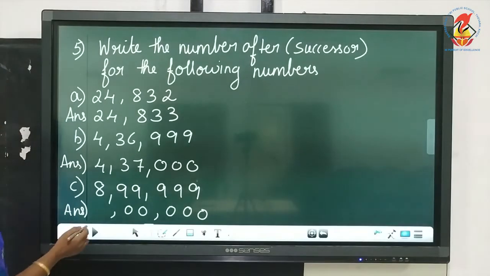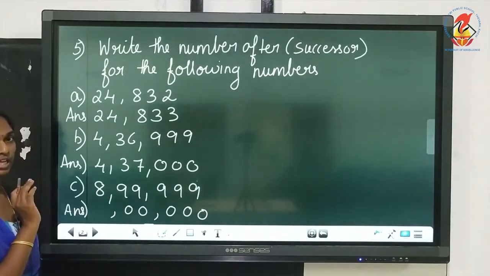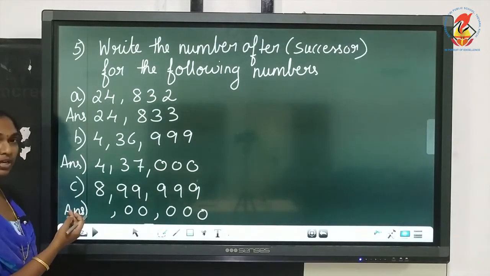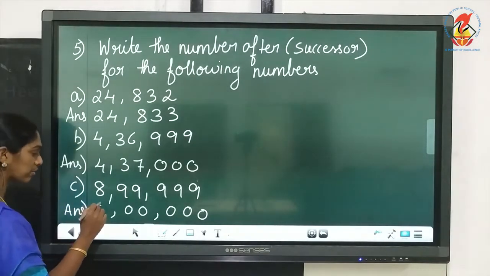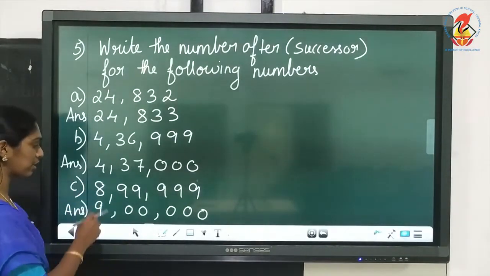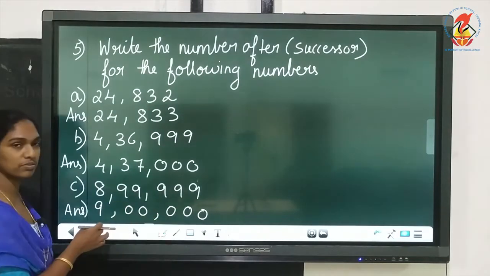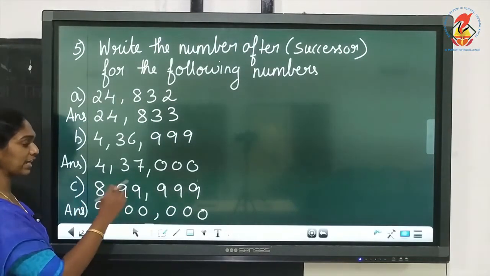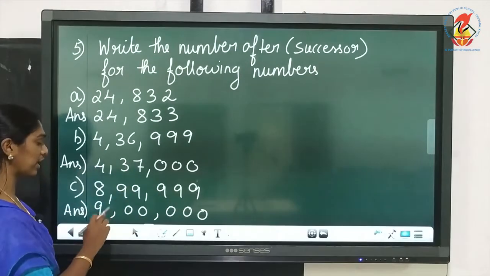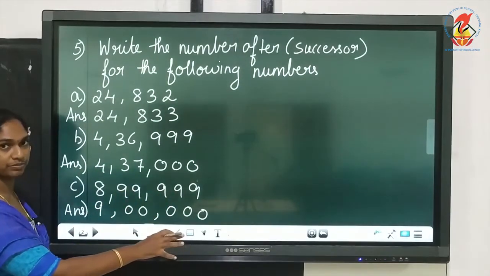Okay, and the number that comes before 9, that is 8. That 8 will become as 9. It will become the next digit. After 8, it is 9, isn't it? So, 8 will become 9 and all the 9s will become 0. So, 8,99,999. The successor will be 9 lakh.